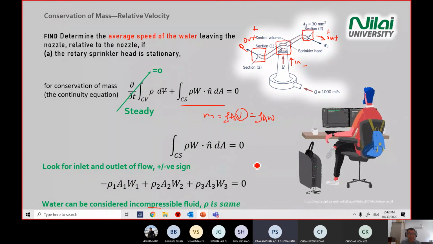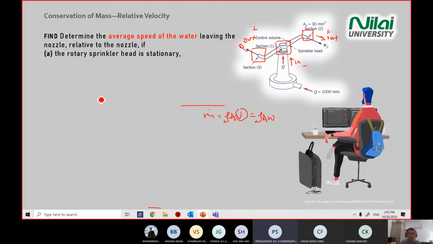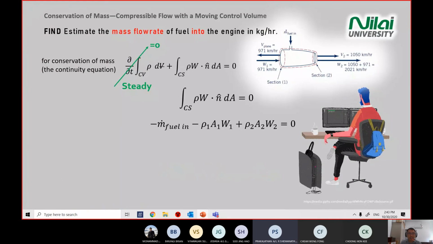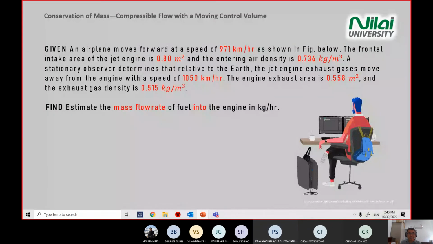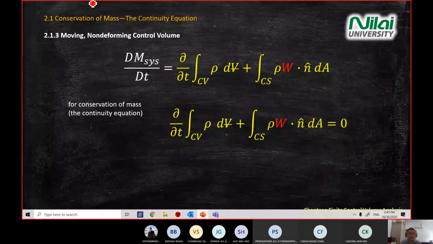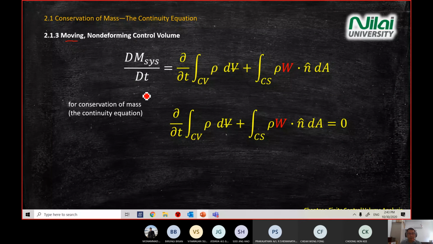In this case, we are using W, yes, because our control surface here, like the previous slide I showed you, is a moving non-deforming control volume.